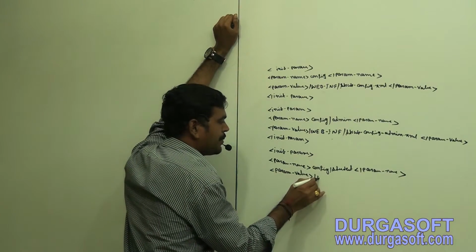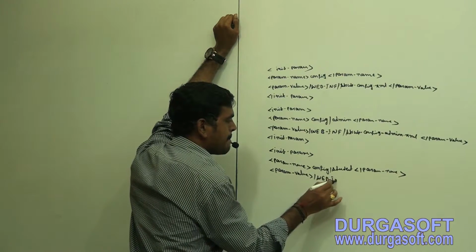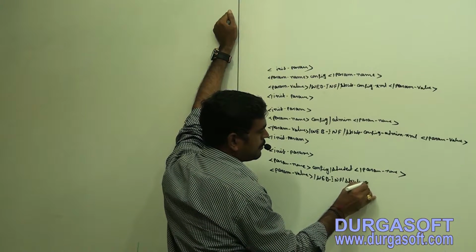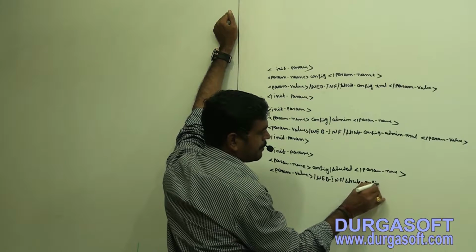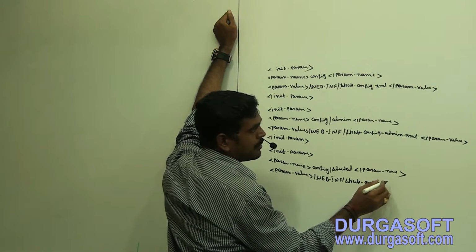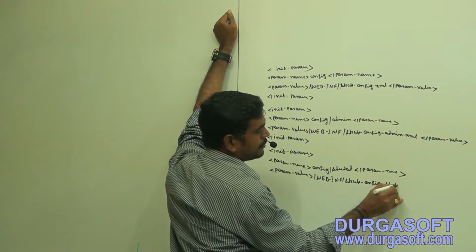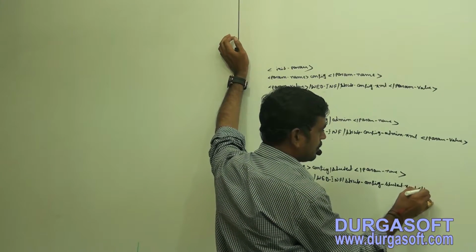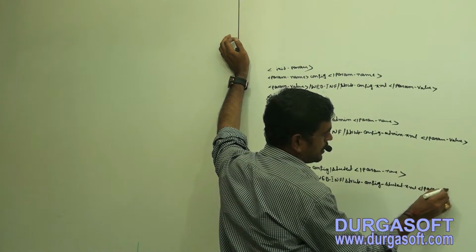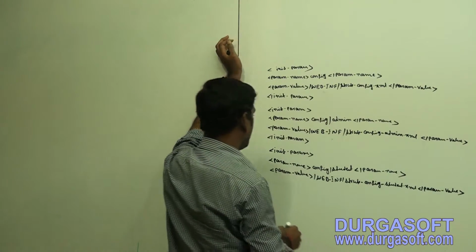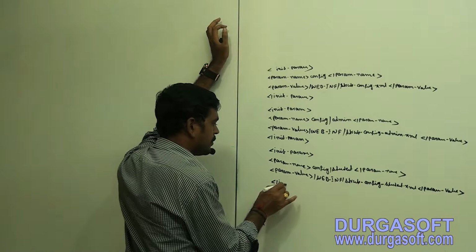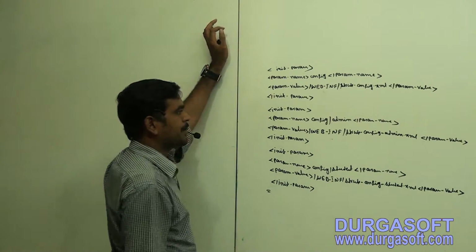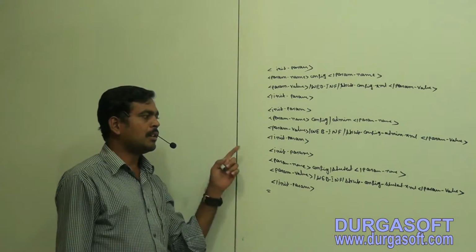Now here WEB-INF, the next struts-config-student.xml, close the param value. Then next close the init param. That's enough. This is the way of configuring all the modules.